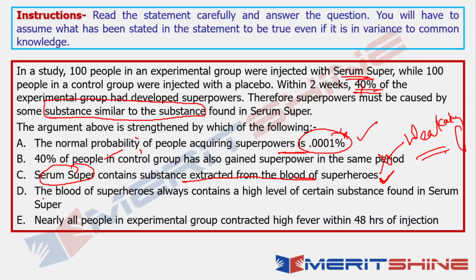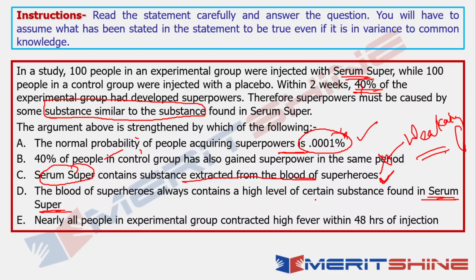The blood of superheroes always contains a high level of a certain substance found in serum super. Now see this. Between C and D, D is definitely better because this clarifies each and every doubt.